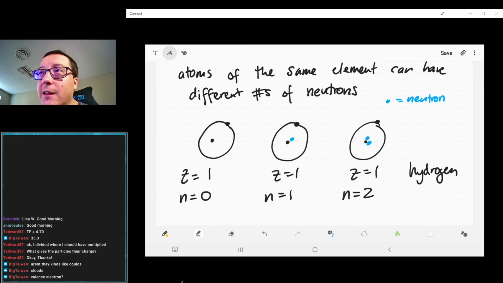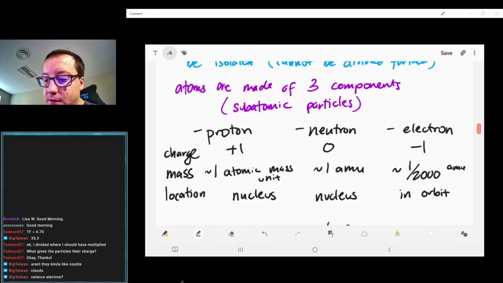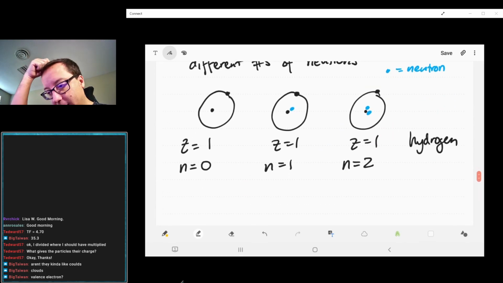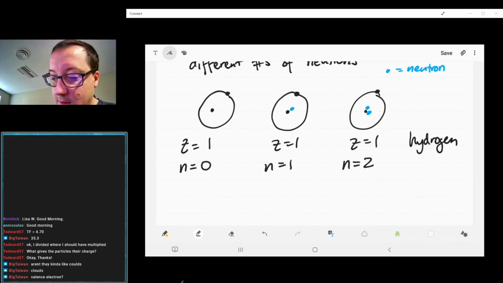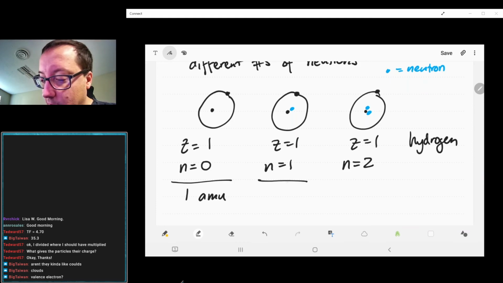If we go back to the table that we had at the start, we saw that both protons and neutrons weighed about 1 atomic mass unit. And so these atoms will actually have different masses as a result. This particular atom on the left will have 1 AMU total for its mass. This one will have 2 atomic mass units.